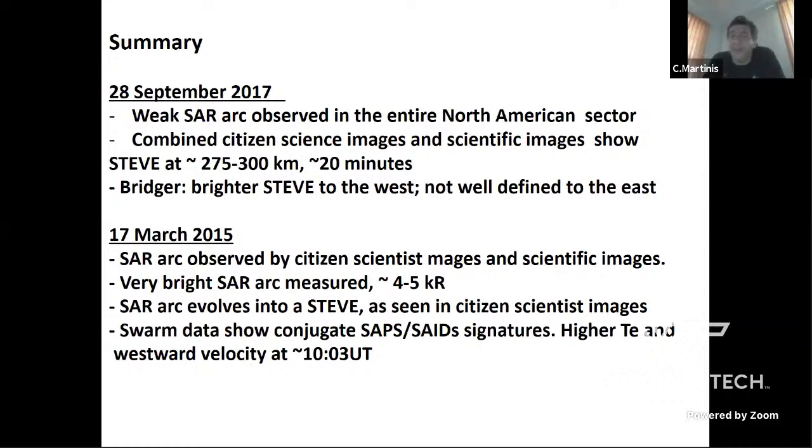We think that we observed that the SAR arc evolves into a Steve, and we think that Swarm data show conjugate SAPS or SAID signatures, indicating that when it's in the southern hemisphere, before, it was sampling a SAR arc or SAPS conditions, if you want, or weak SAID conditions, but when it gets into the northern hemisphere, it is already measuring these extreme conditions that can be associated with Steves.